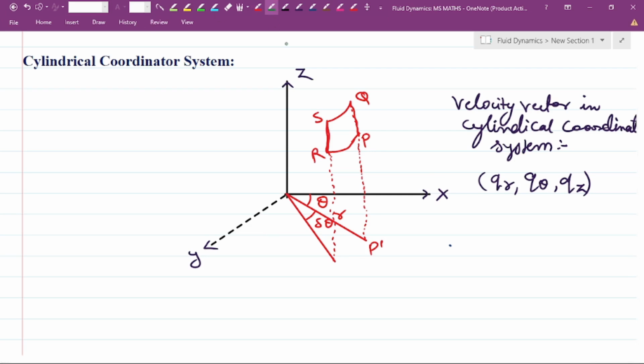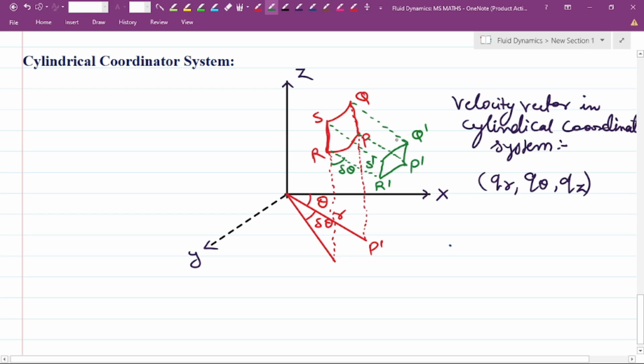In the same way we make the angle Δtheta, so this will be Q dash, P dash, S dash and R dash. These two are the surfaces and this length is basically Δr.